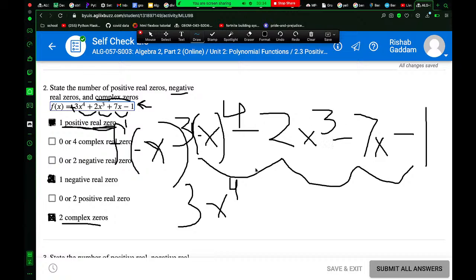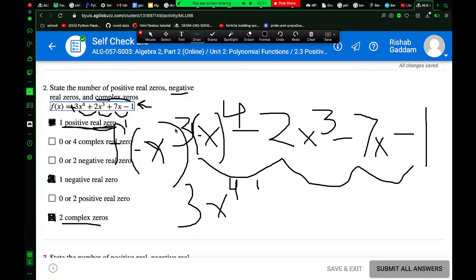And you get this. Okay, so I think for the negative zeros, it would be 0 or 2 negative real zeros, right? It's actually only one. He was right, even though he guessed. Middleish, you were right, because there's only one sign change here.